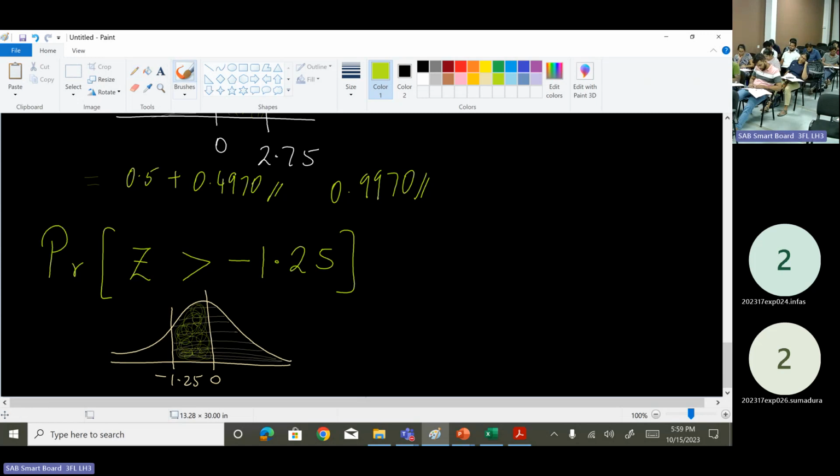So 1.25, if you refer, it is 0.3944, plus 0.5. So that is 0.8944.